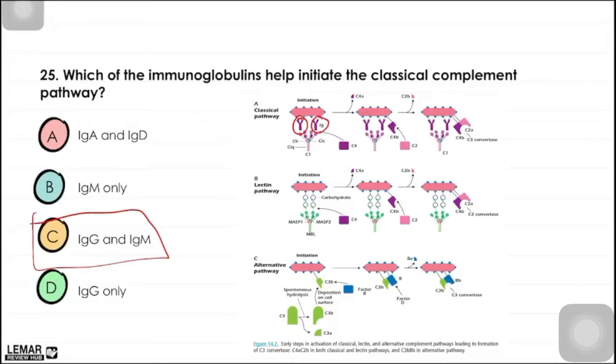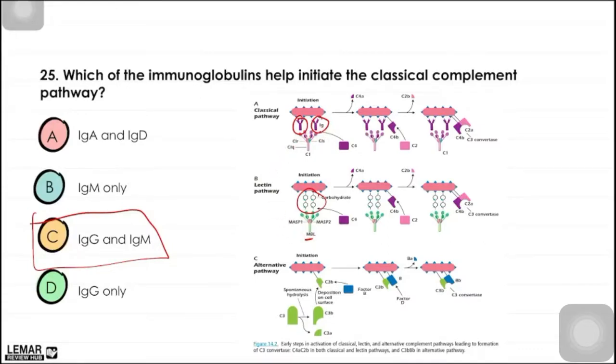While your lectin pathway is initiated when the mannose binding lectin binds to the terminal polysaccharide residues of the pathogen, in this case your bacterium. MBL is a structurally homologous component to C1q of the classical pathway, magkamukha sila.